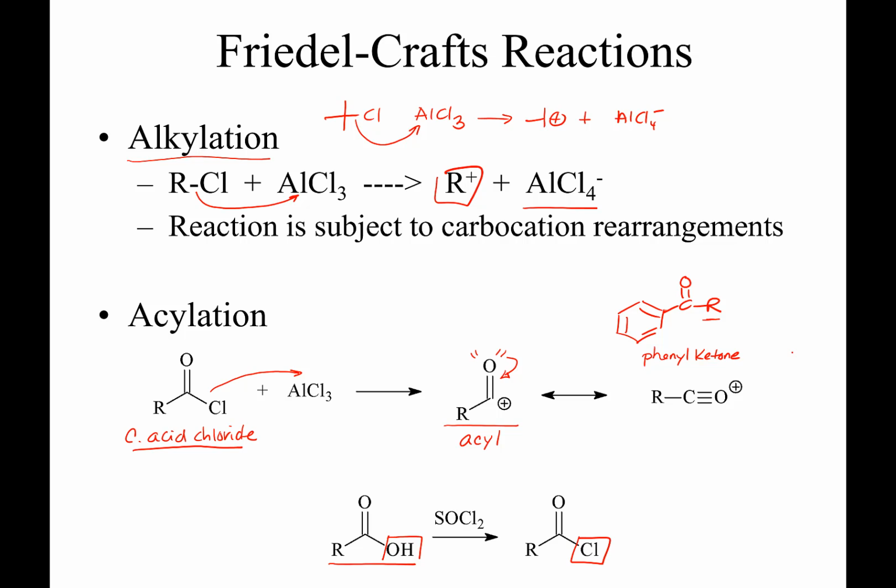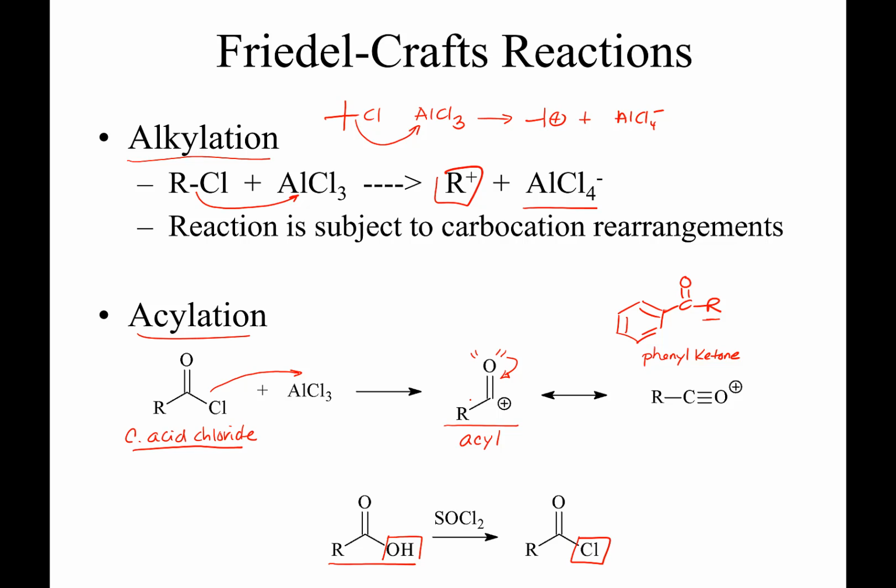There's not a whole lot of creativity in any of these names. Okay. So we can make phenyl ketones by reacting acid chlorides with aluminum trichloride, and this is called Friedel-Crafts acylation. I'm adding this acyl group to the benzene ring. Okay. Same methodology.